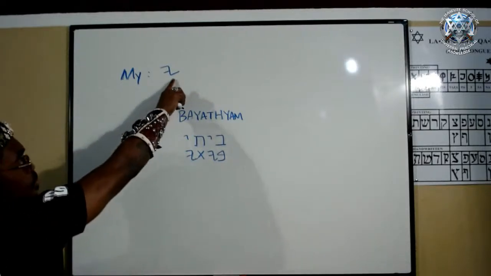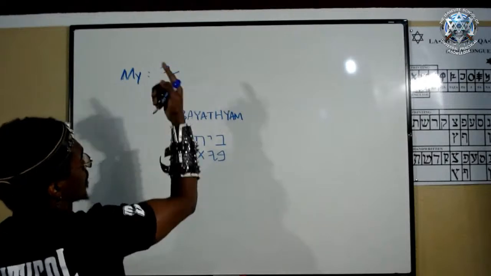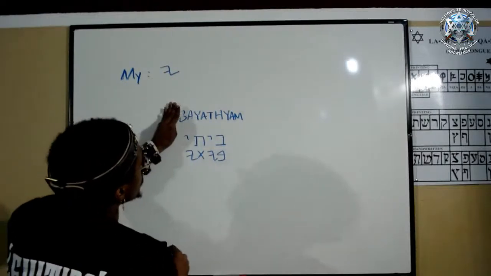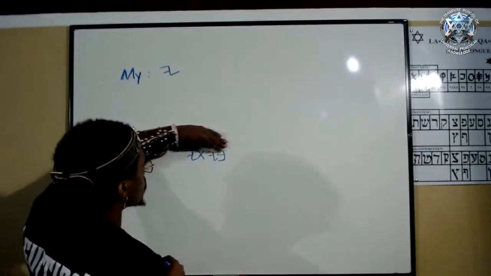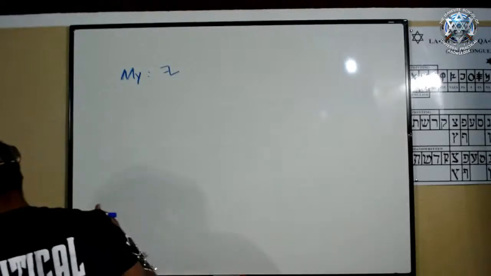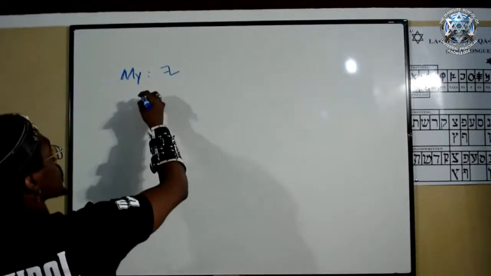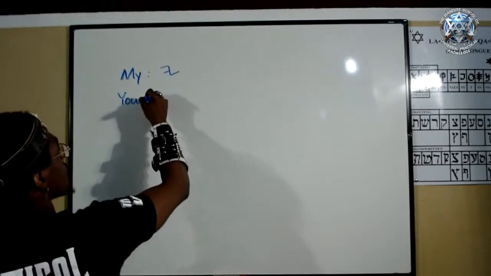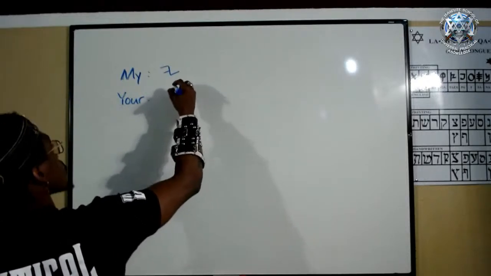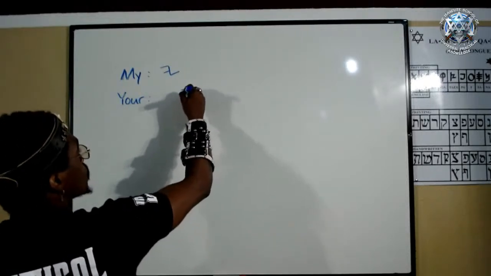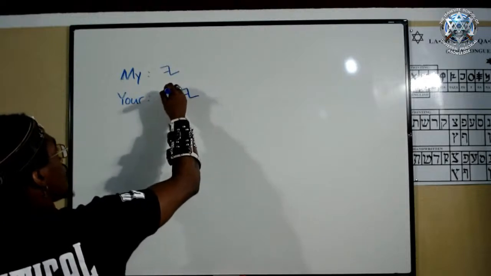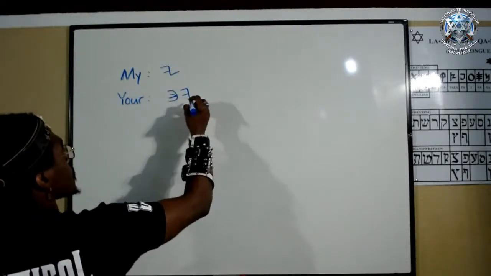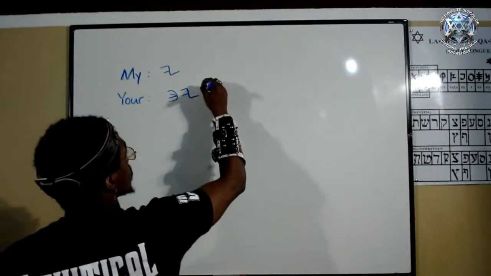All right, because the plurality of my just stays the same. Okay, but if you want to say your houses, you're going to use ya and ka. Okay.